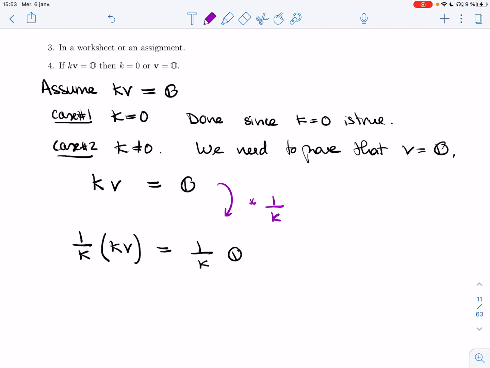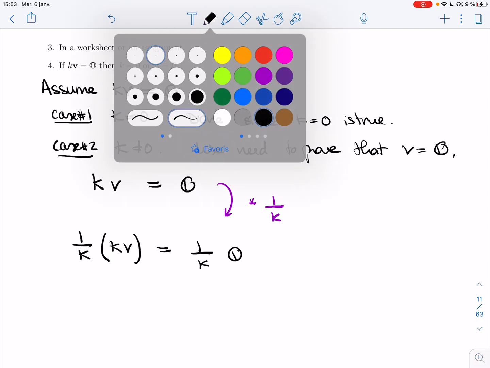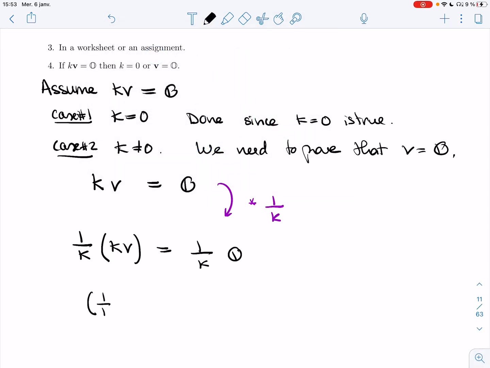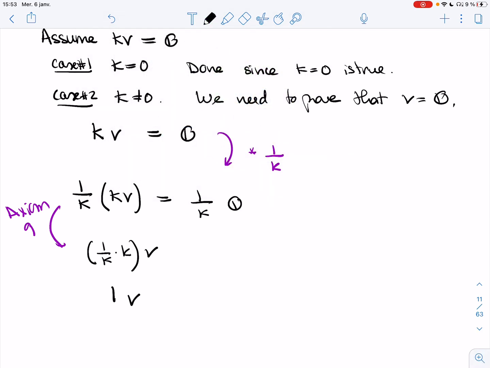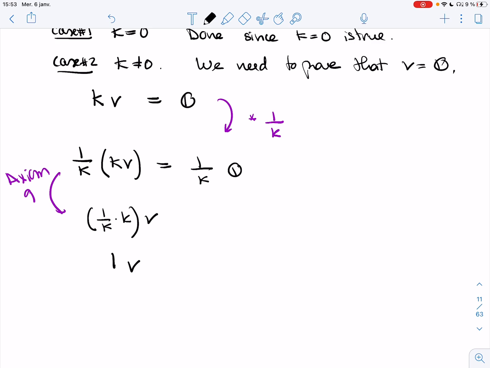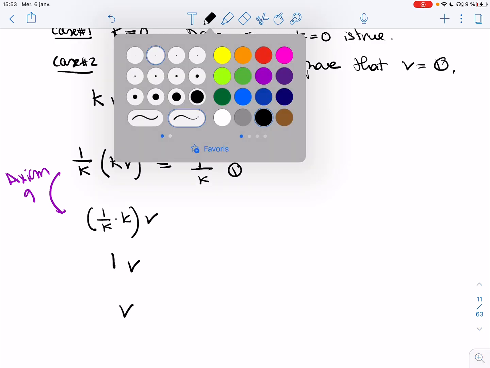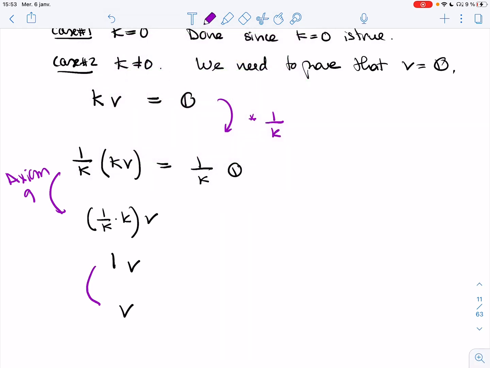All right, so I want to cancel the k with the 1 over k, but to do that, I first need to put them together as a product of real numbers, and that's achieved by using axiom 9. All right, then I'll get 1 times v, that's just real numbers, which is equal to v by axiom 10.